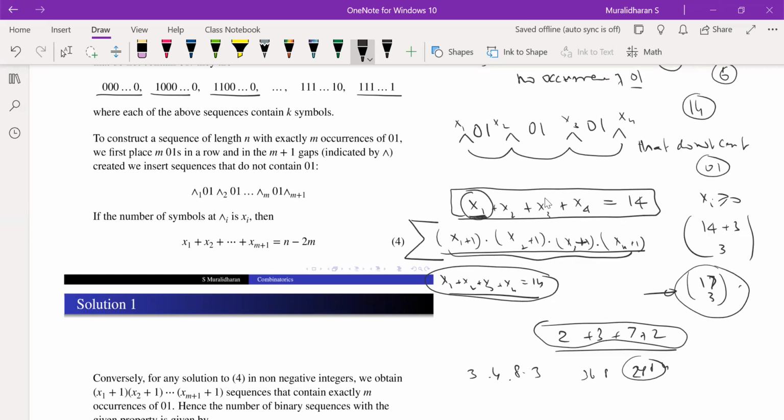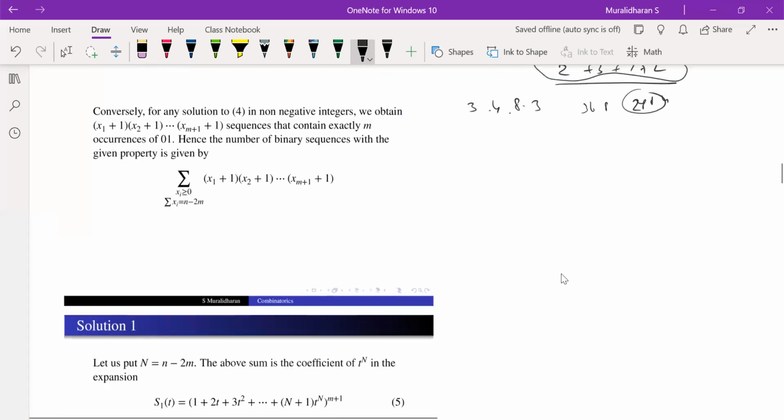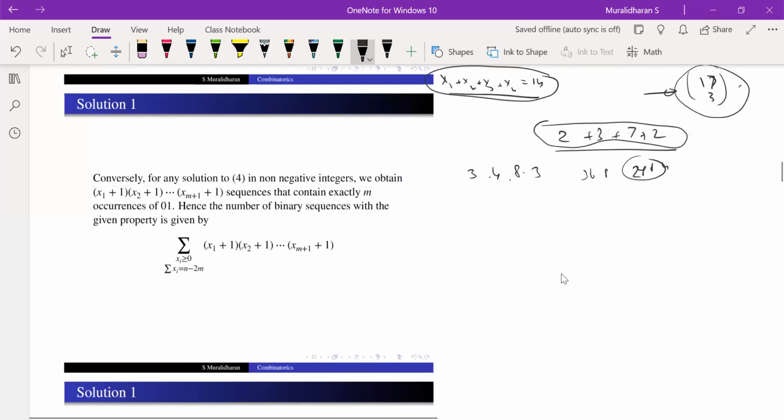So how do you sum up all these? Okay, now let's make a smart observation. What we want is this. We saw some time back 1 plus 2t plus 3t squared plus 4t cubed. What is this? This came in one of the expansions.